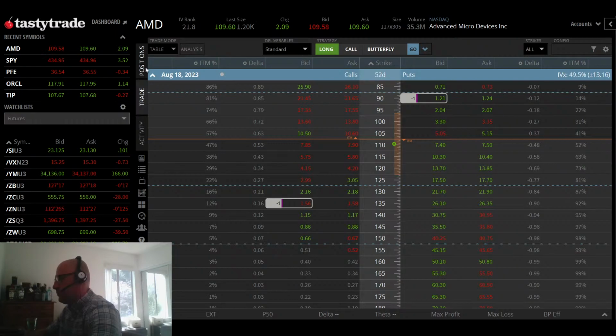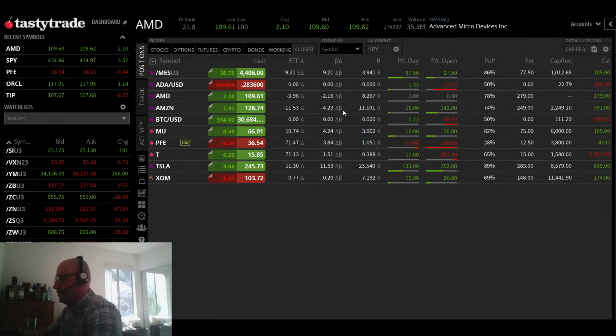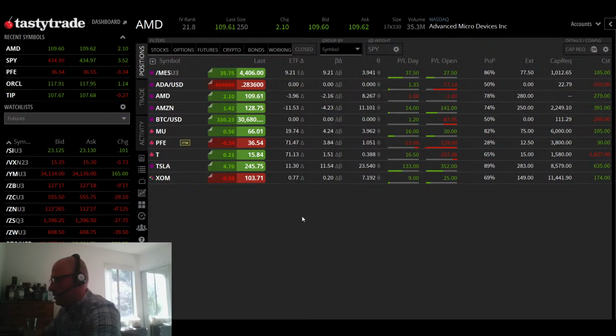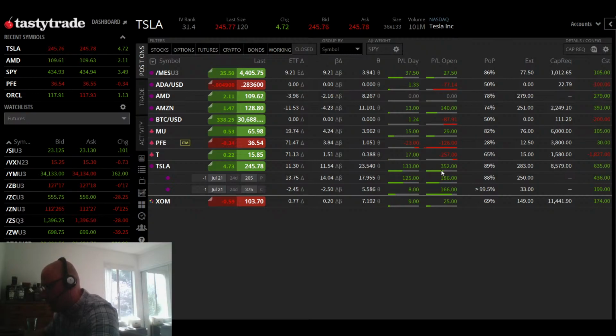Let me go back to my actual positions tab. Here's the AMD position. I like to manage these at 50% of max profit. So as you can see here, Tesla is basically, this little status bar here gives you the percentage of max profit that you're at.